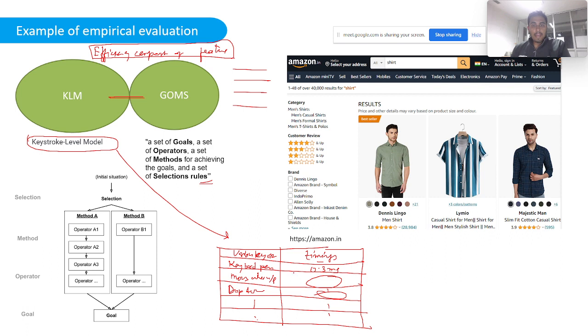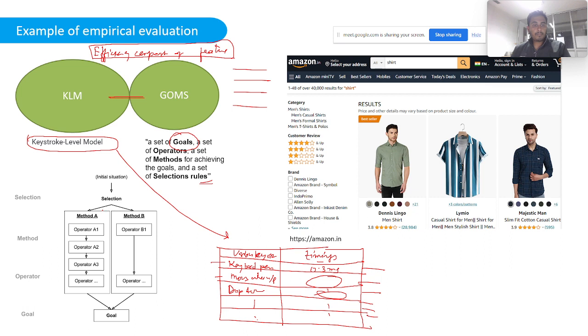So you have this set of time periods already defined, and what you do is add all these timings for a particular method you choose to do a particular task. The KLM part defines the various keystrokes and their associated timings, and the GOMS defines the goals, operators, methods, and selection rules with which you are trying to evaluate a particular user interface.